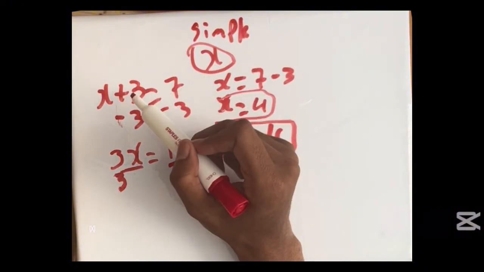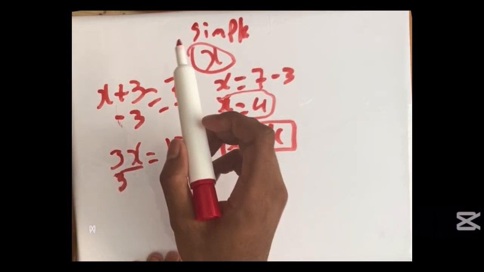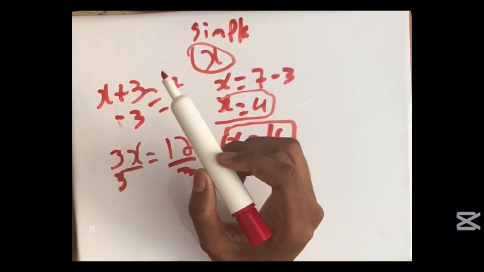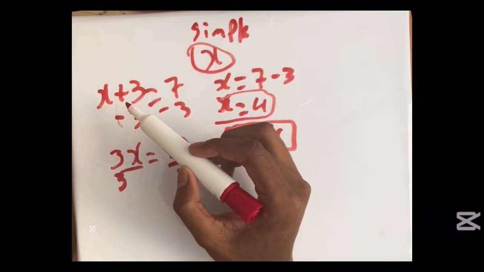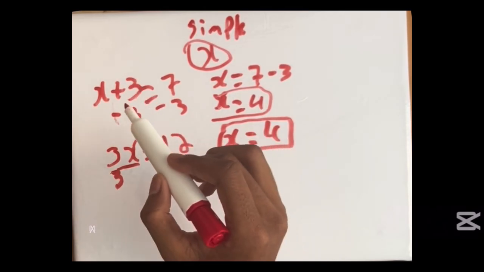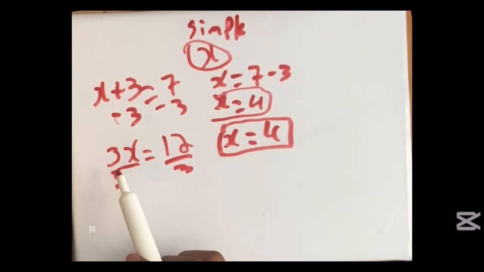Here, you're adding x plus 3. To get x by itself, you need to do subtraction, so you subtract 3 from both sides. Same thing here, multiplying 3 by x, you just divide both sides by 3. You just do the opposite, right?